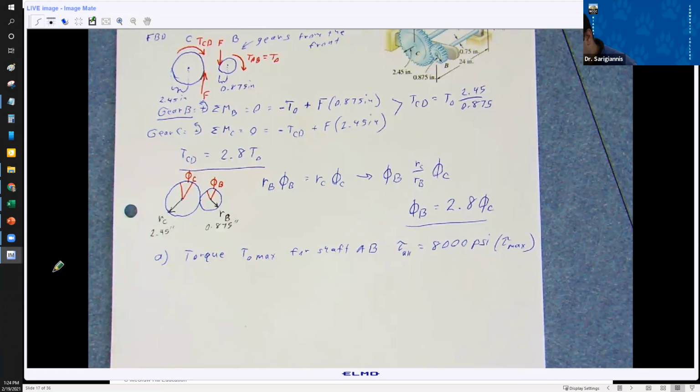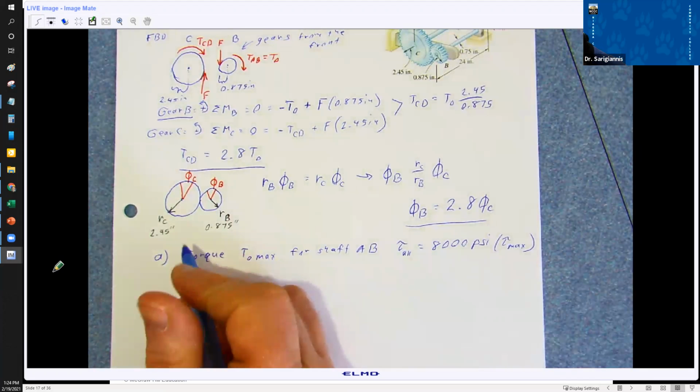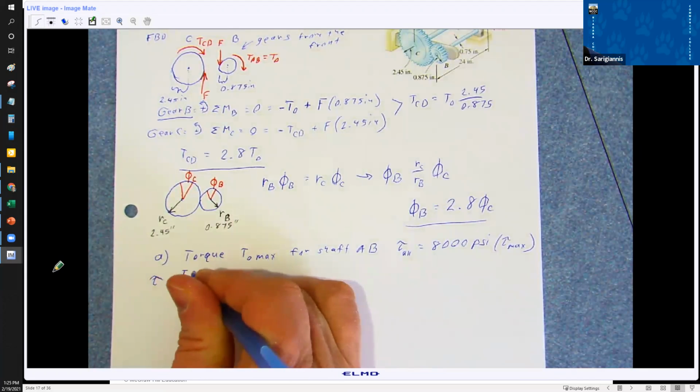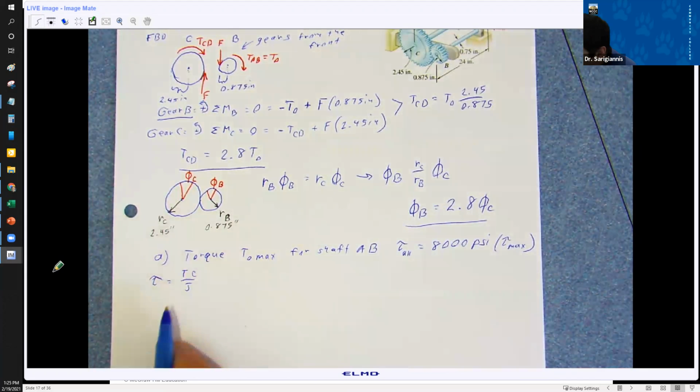All right, so then let's see. Oh, yeah. So now we just use our shear stress equation, right? So the shear stress is the torque times the radius divided by the polar moment of inertia, right? And we know what our allowable shear stress is, so we're going to rearrange this to solve for torque.